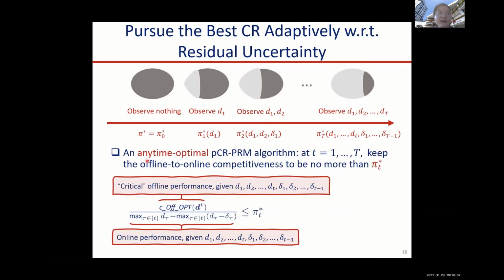Specifically, we design an anytime optimal algorithm. At each time slot, we determine the discharge amount of energy storage by keeping this offline to online ratio to be no more than the best competitive ratio with respect to the residual uncertainty. In this way, we can retain the same optimal worst case performance and achieve improved average case performance.